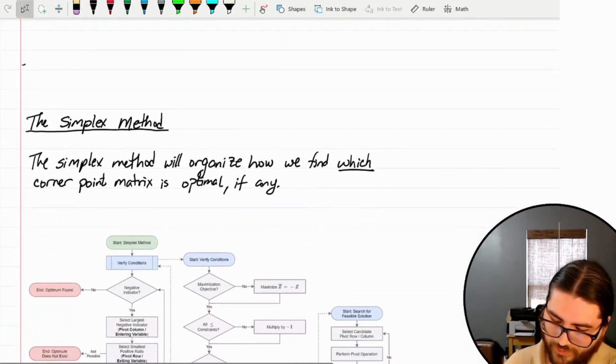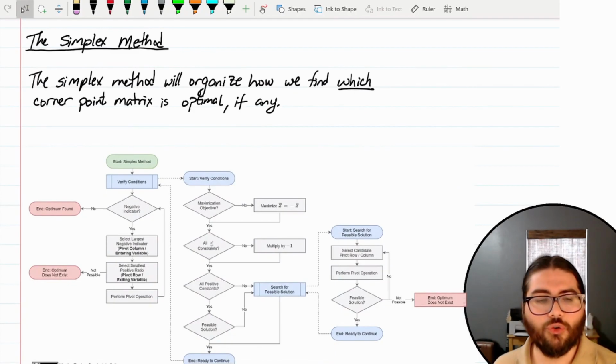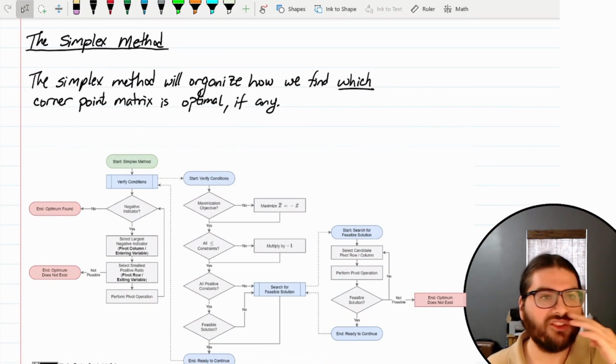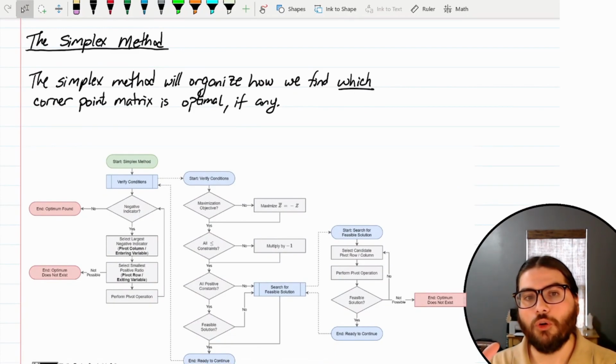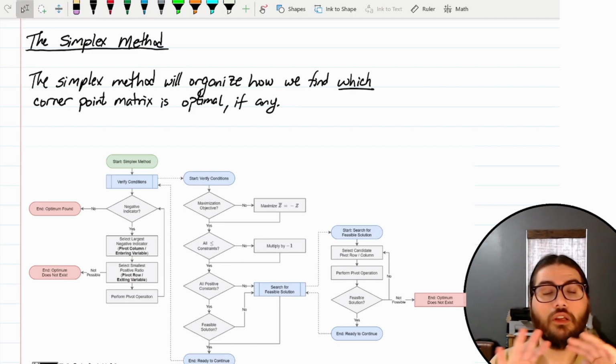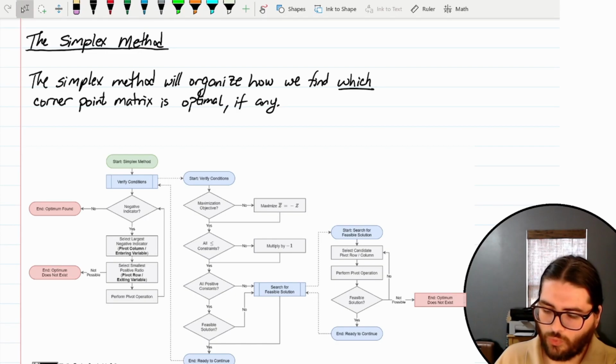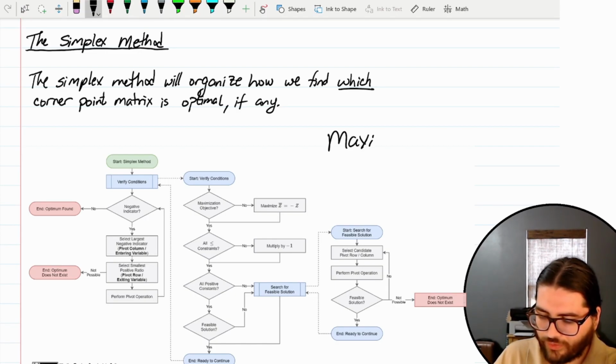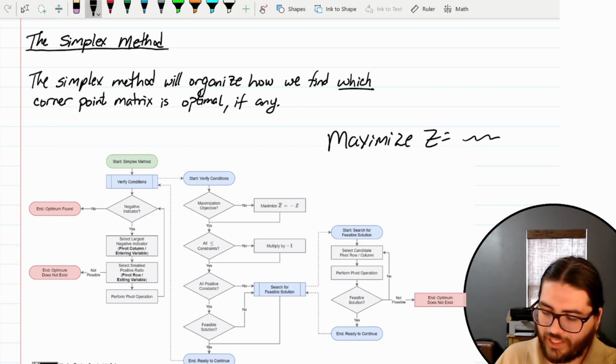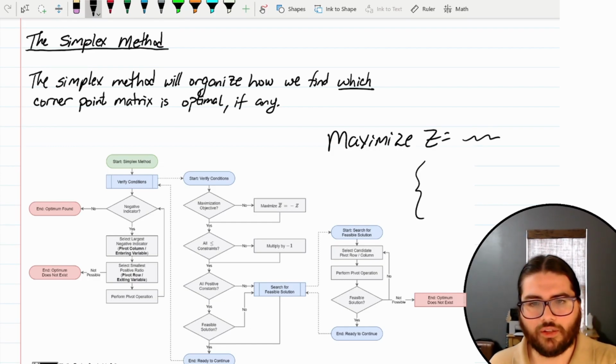So let's scroll down. Oh goodness, so you see a big flowchart coming into view here. Ignore that for just a moment. The Simplex method, underneath all of it, is just a big matrix method for how we find the corner points which optimize my problem. Remember when we were solving things on test 2, we had maximize z equals blah, blah, blah, given a big system of inequalities.